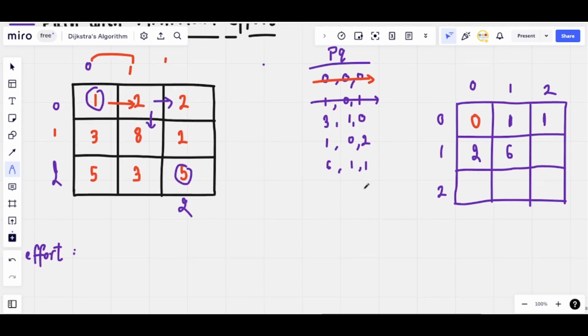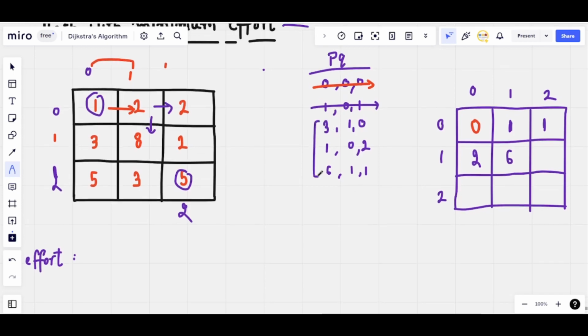Now out of these 3 cells which are there in the priority queue, pull this cell 0 2 from the priority queue, because it is nearest to the source cell. So from this cell 0 2, traverse its adjacent cells, that would be this cell only, that is 1 2. So to move to cell 1 2, we require an effort of 0 units, because to make this transition from cell 0 2 to 1 2, we require 0 effort.